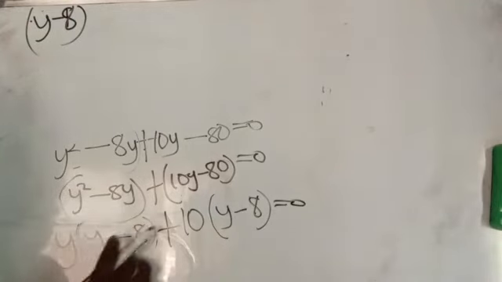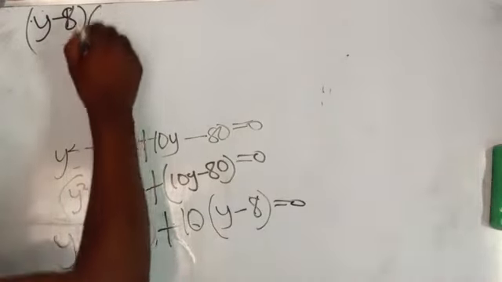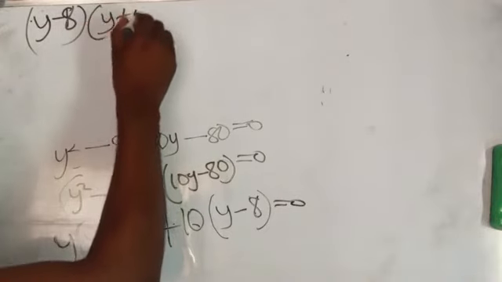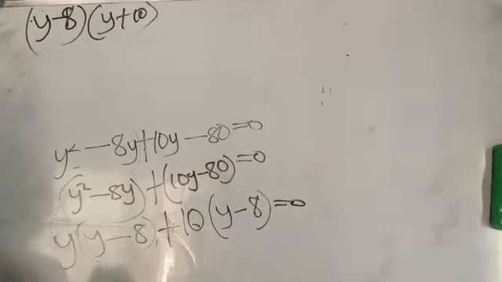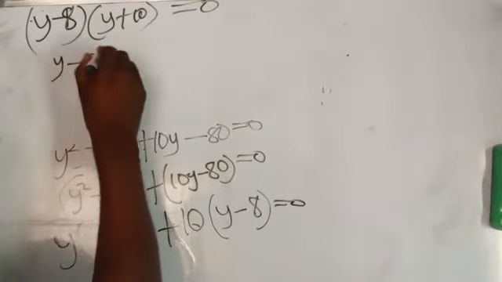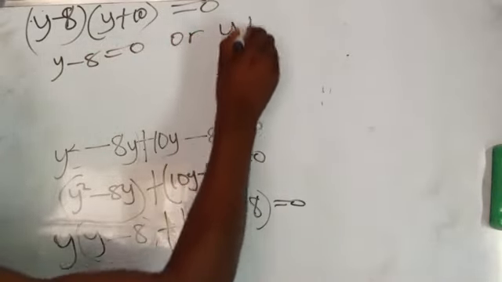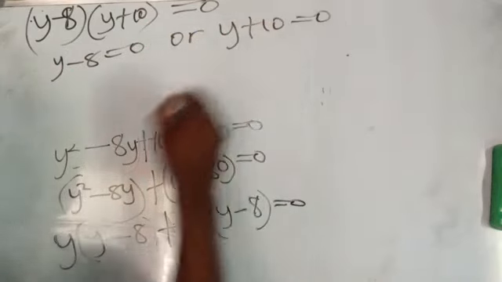Don't pick the two, just pick only one. Then you pick these ones outside the bracket, which is y and this plus 10. Right? y plus 10. Then equal to 0. So that y minus 8 equal to 0, or y plus 10 equal to 0.